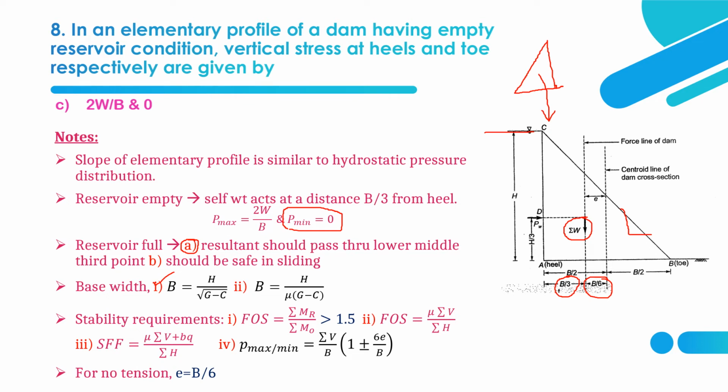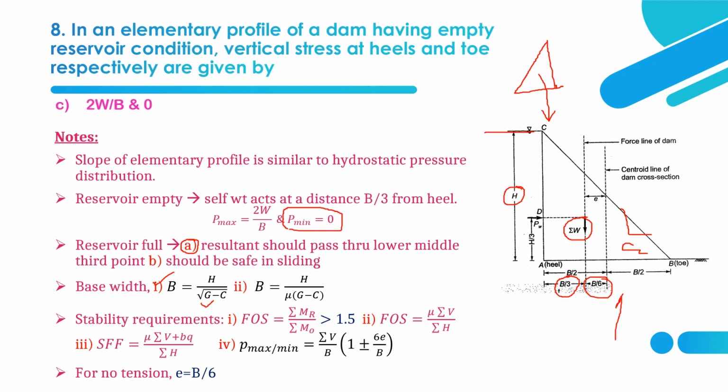So that is given by capital H divided by root of G minus C. So what is capital H? We know depth of water in the upstream side or the height of the dam. And what is G here? G is specific gravity of concrete, because we are considering only the concrete dam. So that's why we are using the specific gravity of concrete as G. Minus C. C means uplift pressure.